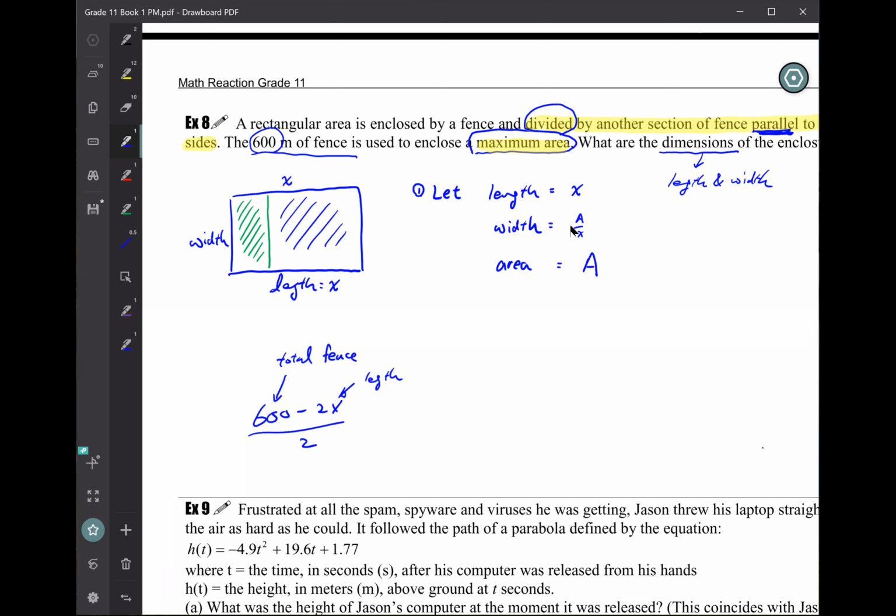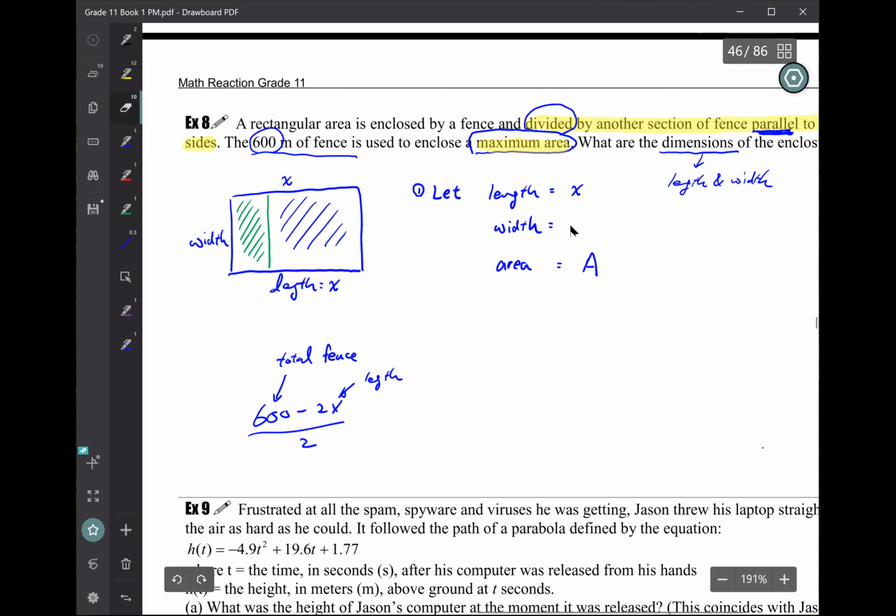But the 600 is not area though, right? 600 is the length of the total fence. Okay, so look at the unit, right? It says 600 meter, not 600 meter square, right? So that's not area. Make sense?